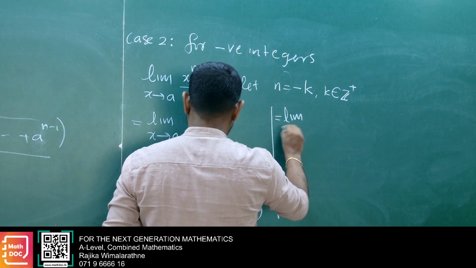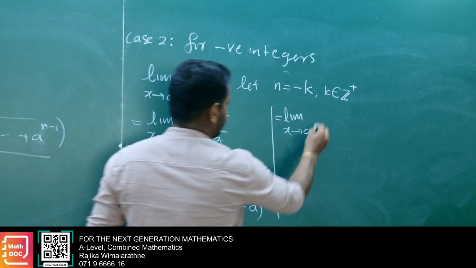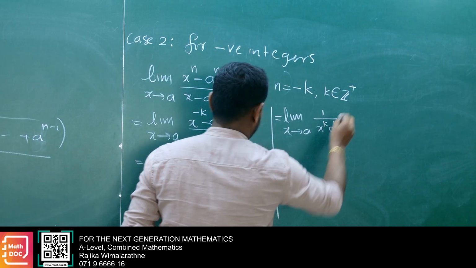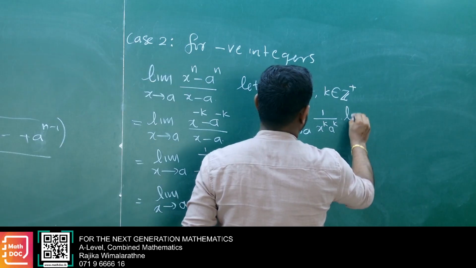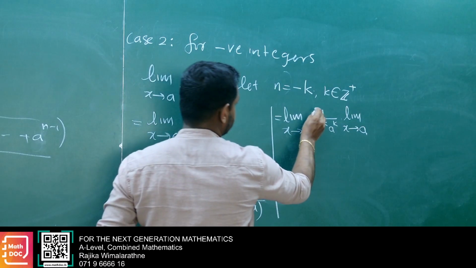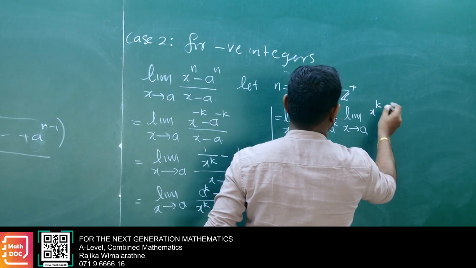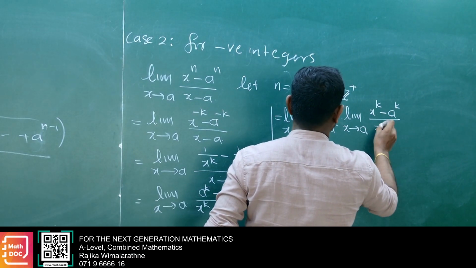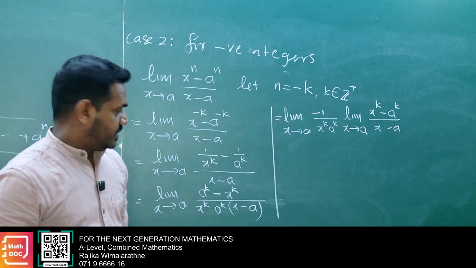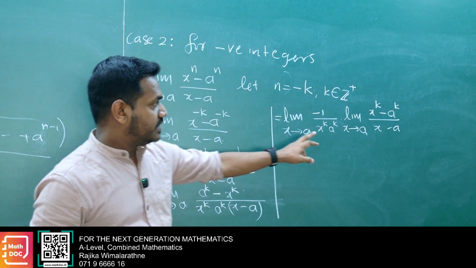Limit x goes to a, I'll rewrite, separate this part: 1 over x to the power k, a to the power k, into limit x goes to a, change minus outside, put minus here, and interchange these two: (x to the power k minus a to the power k) over (x minus a). Interchange these two and change the sign, and the denominator, this part you separate.